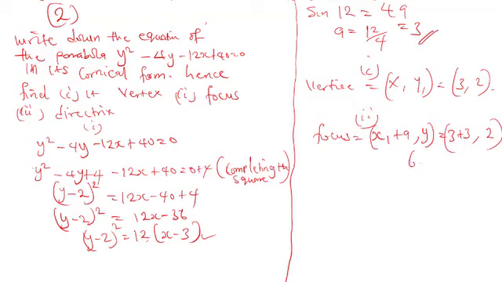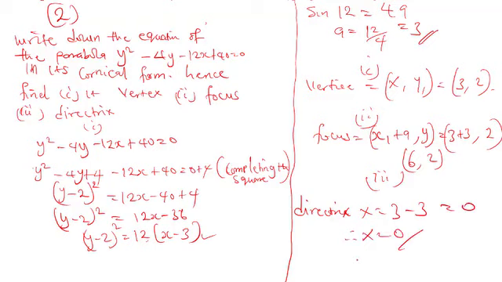So the focus is now 6 and 2. Then the third part of it is the directrix. The directrix x equals 3 minus 3, which equals 0. So therefore x equals 0.